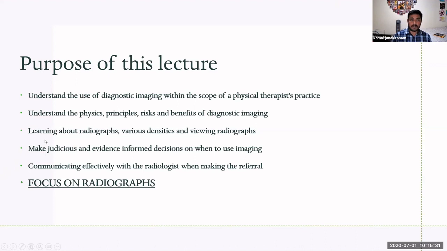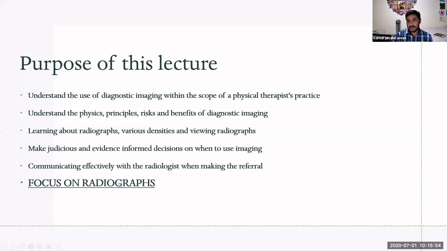Third, learning about radiographs, various densities, and viewing radiographs. Next, make judicious and evidence-informed decisions on when to use imaging. And finally, communicating effectively with radiologists when making a referral. So these are the topics we're going to learn today.